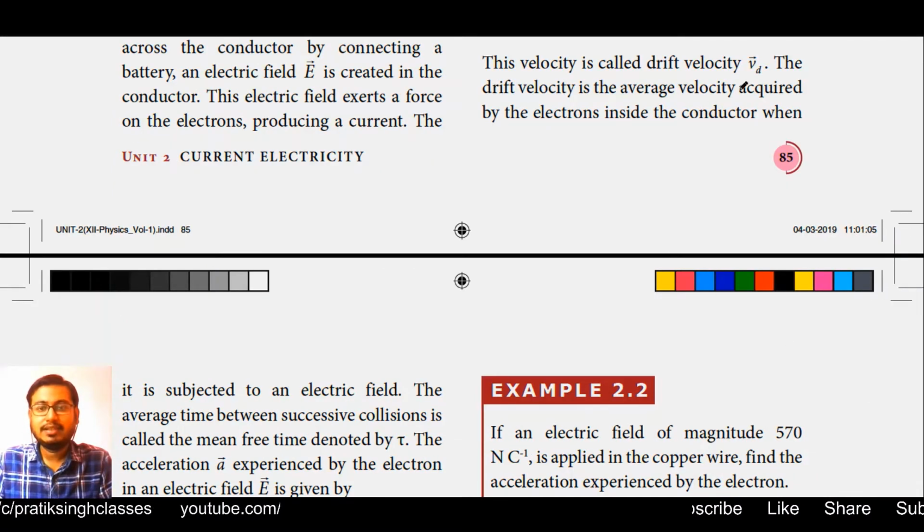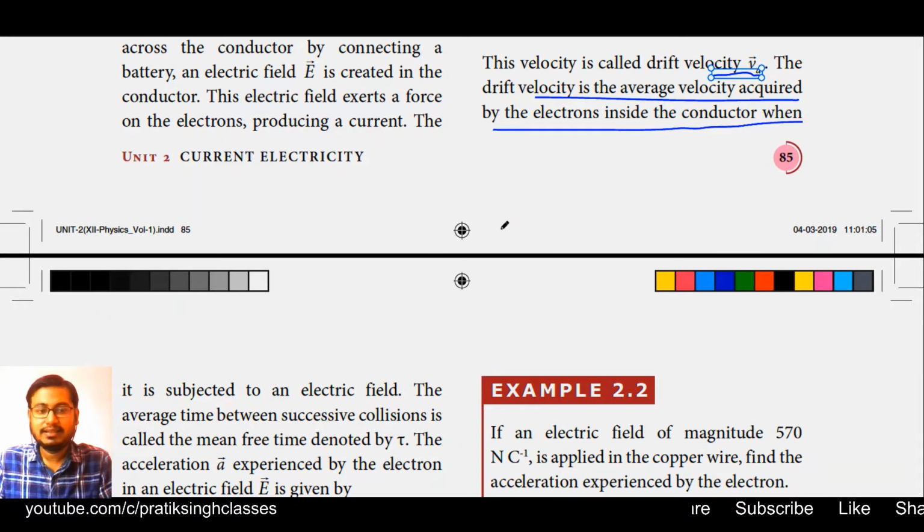Alright, so let us see what is the real definition of drift velocity. The drift velocity is the average velocity acquired by the electrons inside the conductor when it is subjected to an electric field. Here the term average velocity has come. Why have we taken average velocity?